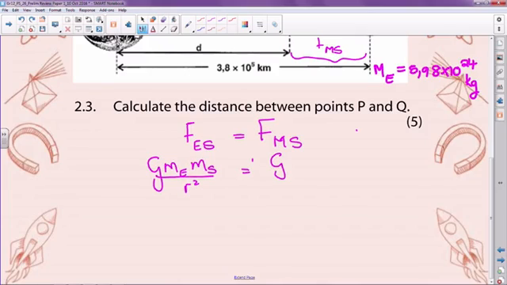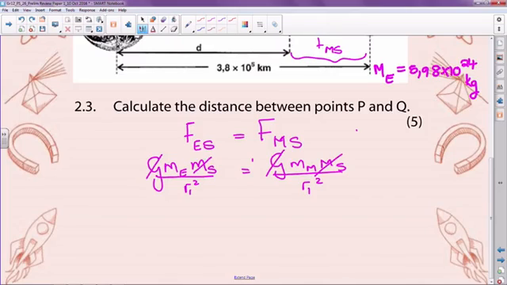I'm going to use G, mass of the moon, mass of the spaceship, over R squared. Okay, let's call that R1 and R2 because they are different. Now, G is going to cancel out for both of these. And you know what? The mass of the spaceship also cancels out, which makes it much easier.